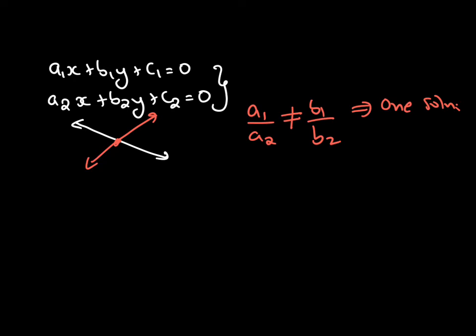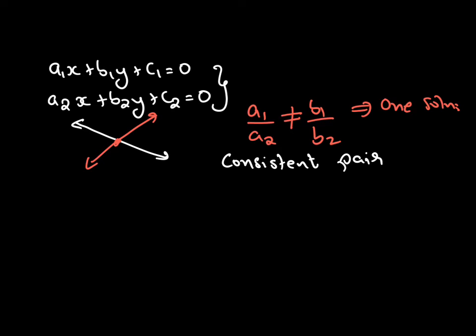Graphically we know when a pair of linear equations will have only one solution. Whenever there is only one solution, it is called a consistent pair of equations.